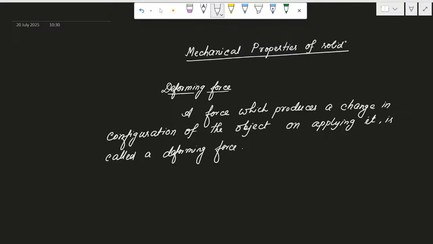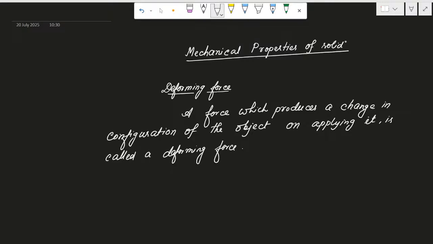If it is stretched or twisted, you are changing its general configuration. So a force which produces a change in the configuration of the object, or which is deforming the object, is known as a deforming force.